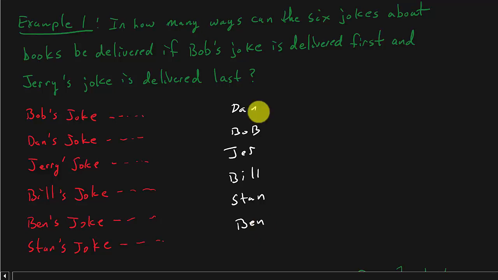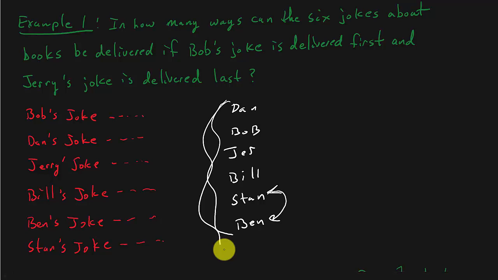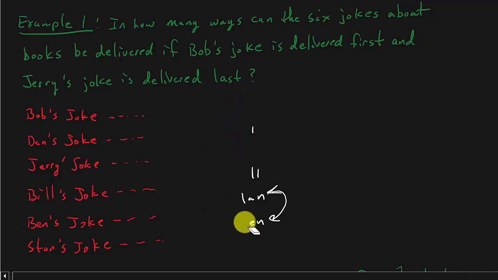See, it's the same people telling a joke. All 6 people are the same, but notice what I did is I switched the order of these last 2. That's a different arrangement of how the jokes were delivered. So that's what they're saying there for the permutations. This is different than this because the order changed.